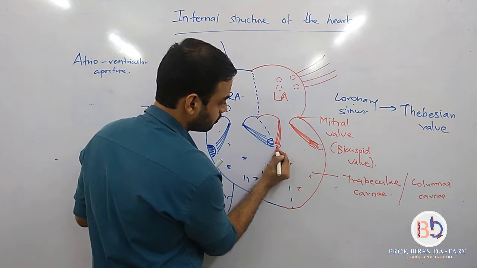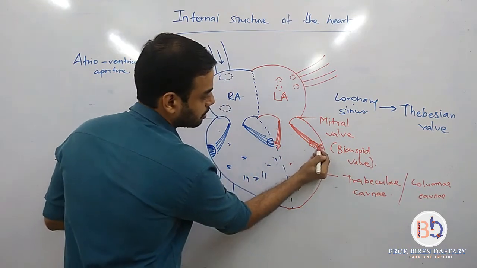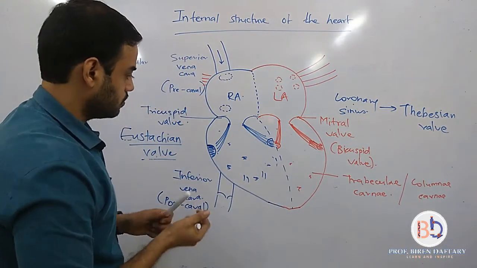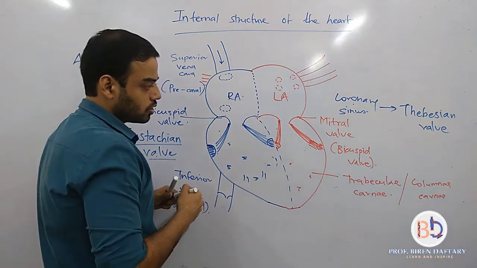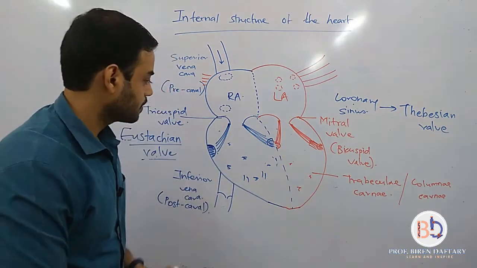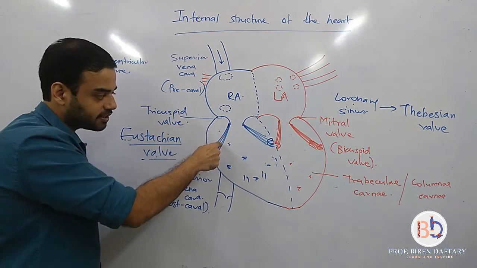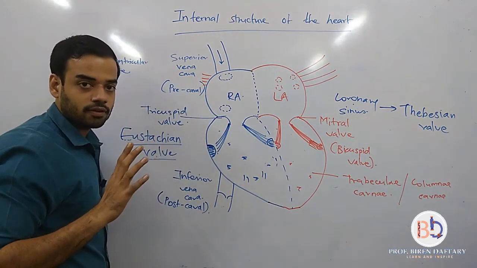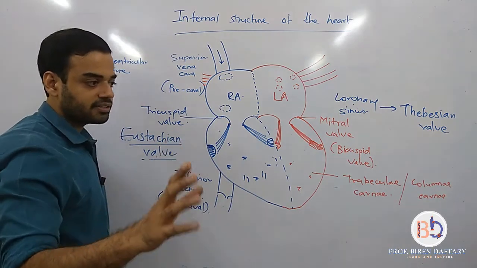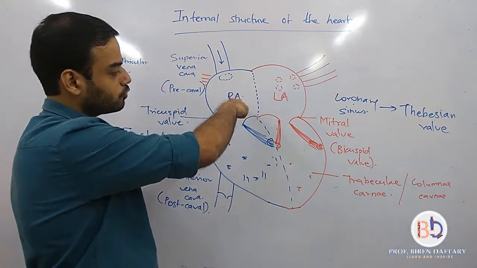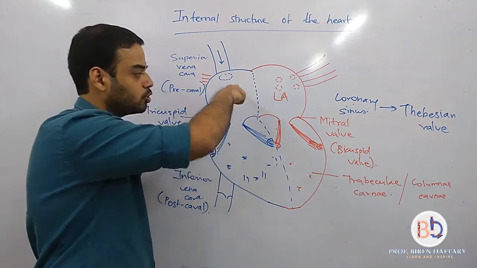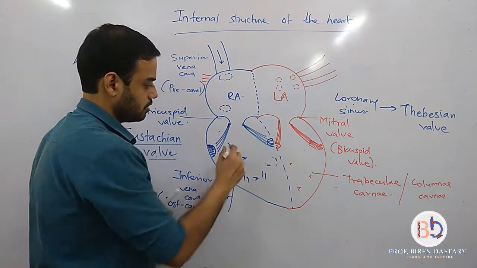Now coming over here. So now just pay attention. Papillary muscles, these elastic fibers and the valve. What will be the mechanism when the blood wants to flow from the right atrium to the right ventricle?